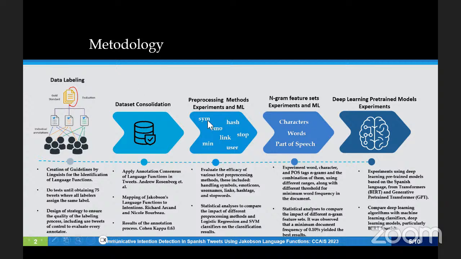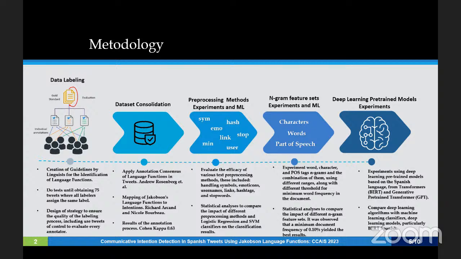In the next step, preprocessing methods experiments in ML, we evaluate the efficacy of various text preprocessing methods. These include handling symbols, emoticons, usernames, links, hashtags, and stop words.